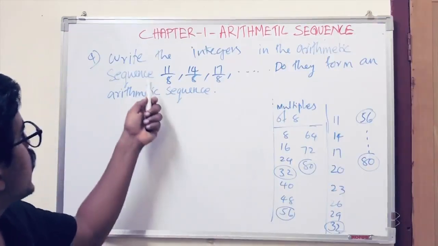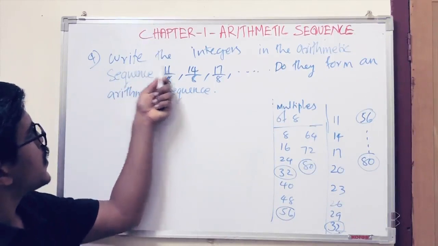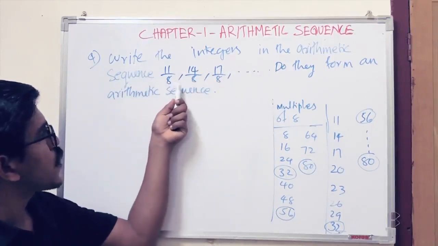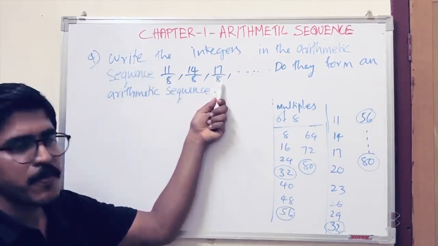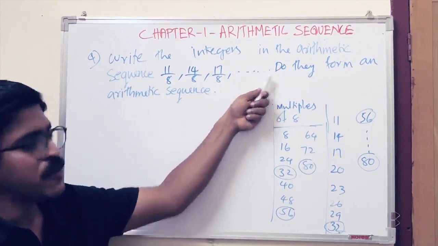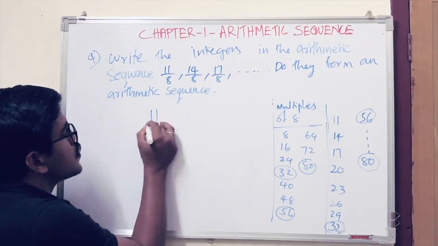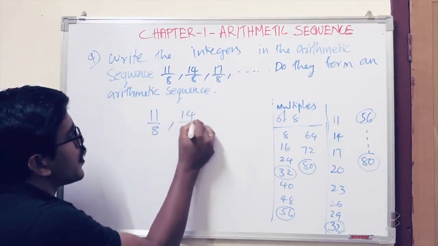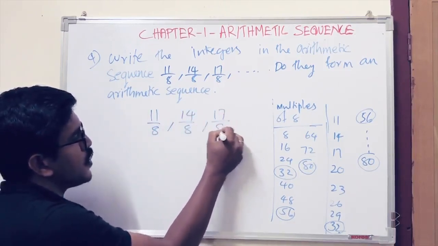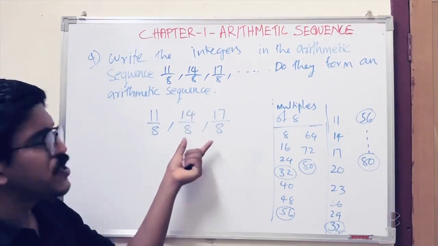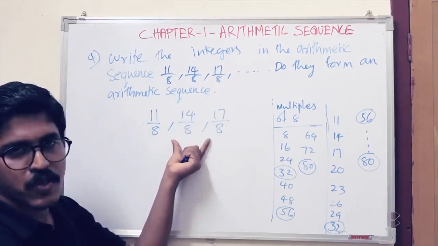Let us consider another problem here. Write the integers in the arithmetic sequence 11/8, 14/8, 17/8. Do they form an arithmetic sequence? That is, it is given here the sequence as 11/8, 14/8 and 17/8. We need to check whether integers are coming in this sequence or not.